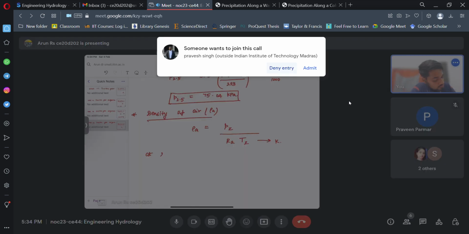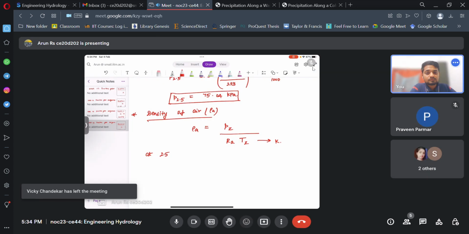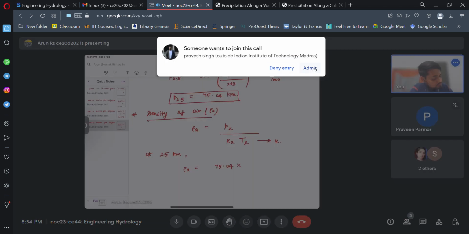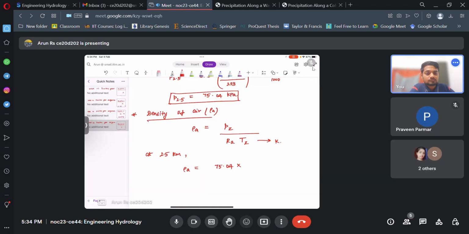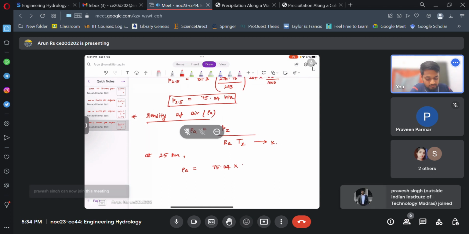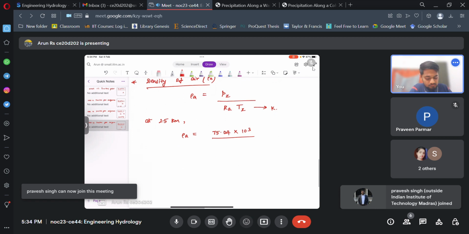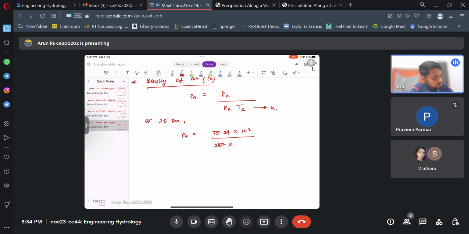So again at 2.5 kilometers, you have density of air as 75.04 into 287 into the temperature of the air at that height.